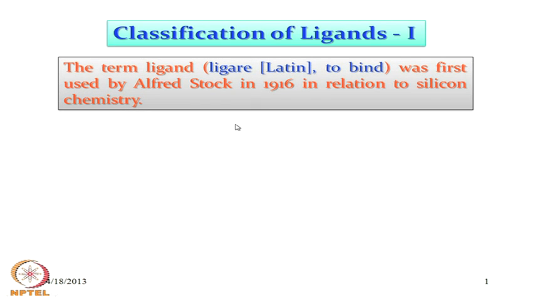Historically, when people first started talking about these, the term ligand was first introduced in terms of the binding property of any molecular or ionic species, and it was Alfred Stock who introduced it in 1916 in relation to silicon chemistry.